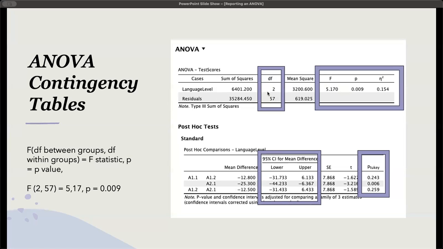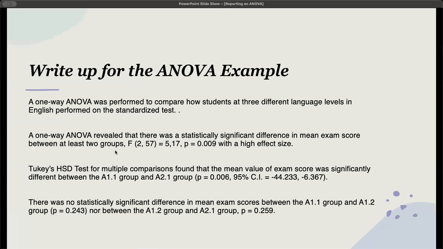We've got F followed by the 2, followed by the 57 equals 5.17, and p equals 0.009. On the next page, I will show how to write up the post hoc test along with reporting the effect size, so eta squared.